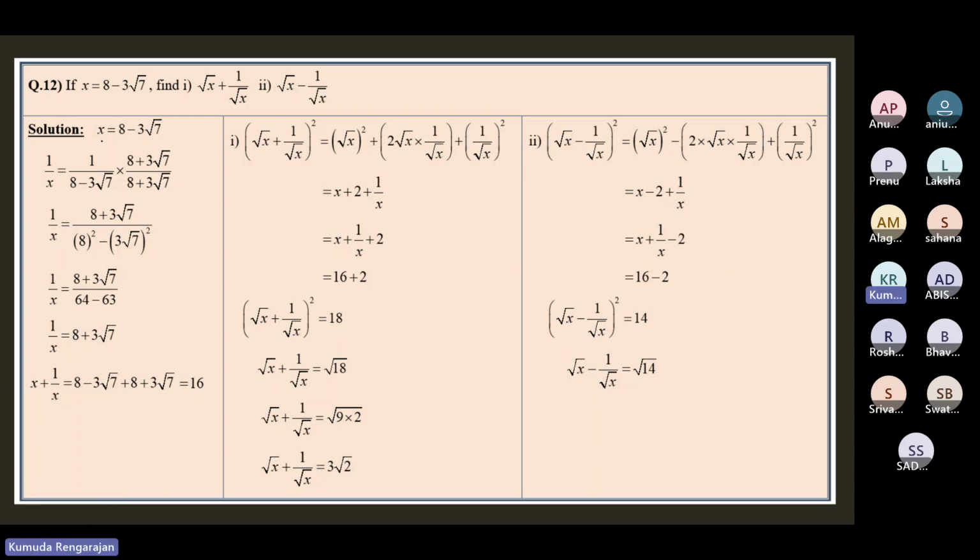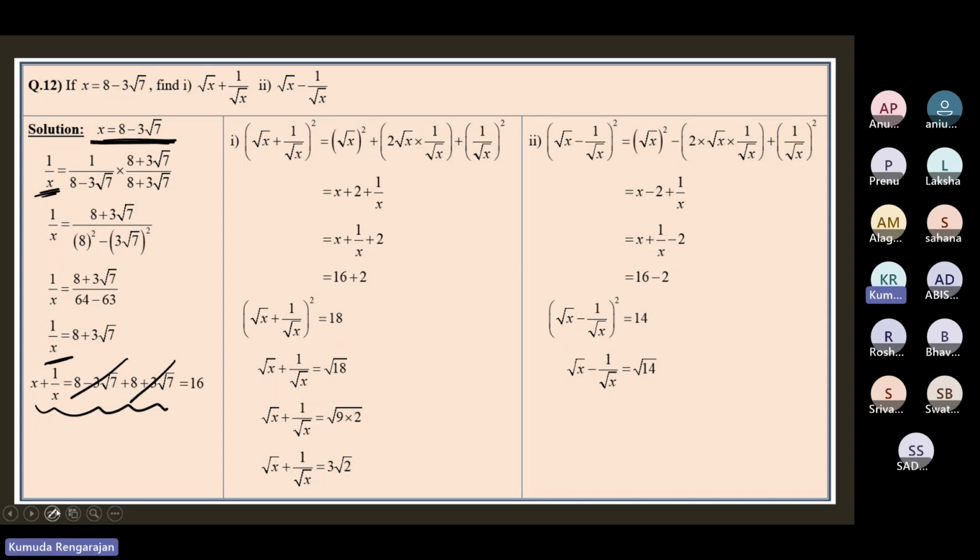So the procedure is similar, children. We have x. We need to find 1 by x. 1 by x is 8 plus 3 root 7. Then we need to find x plus 1 by x. Minus 3 root 7 plus 3 root 7 cancels. 8 plus 8, 16.